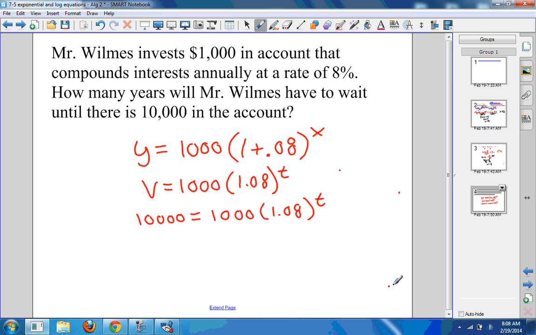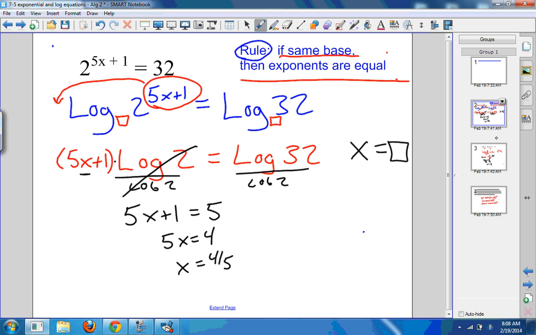So how do we want to solve for t? Well, we can do it a couple different ways. I think the easiest way is going to be similar to what we did here, in this problem, and take the log of both sides to get rid of the variable that is an exponent.